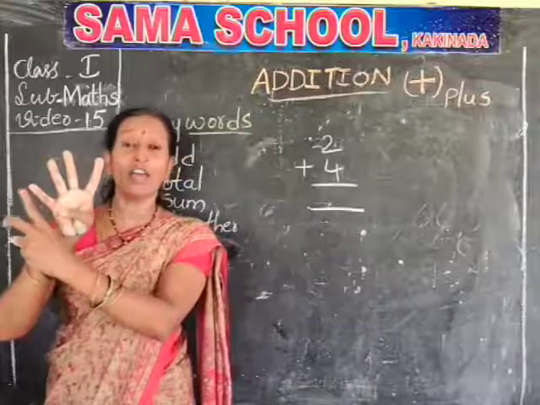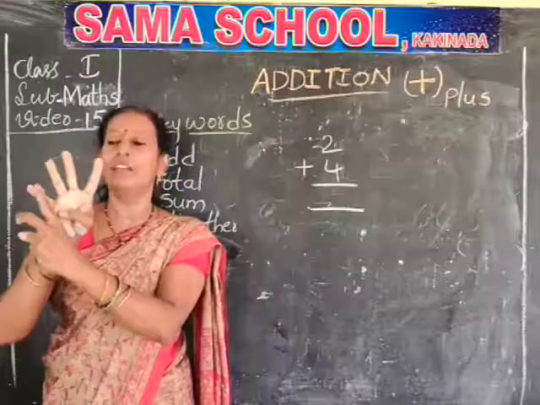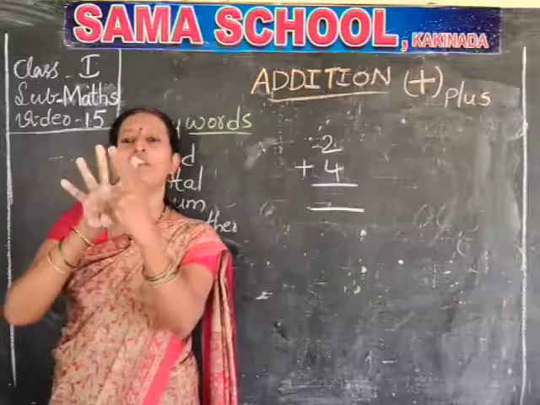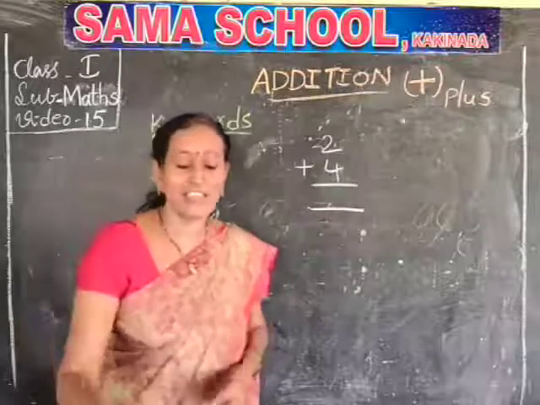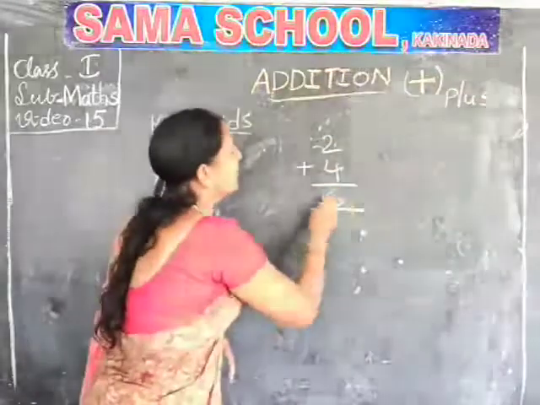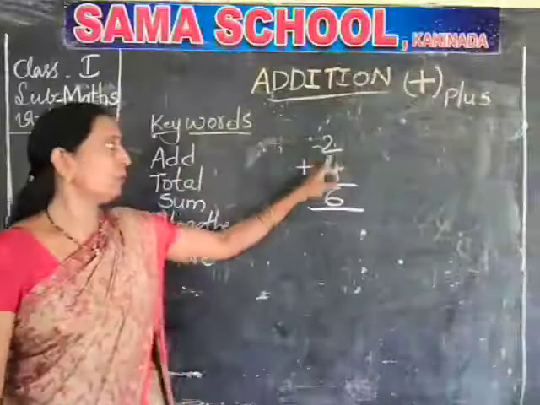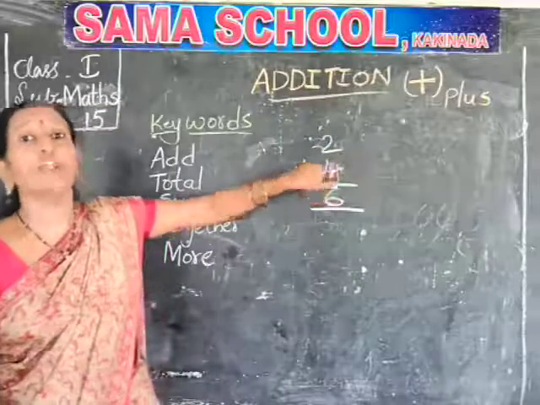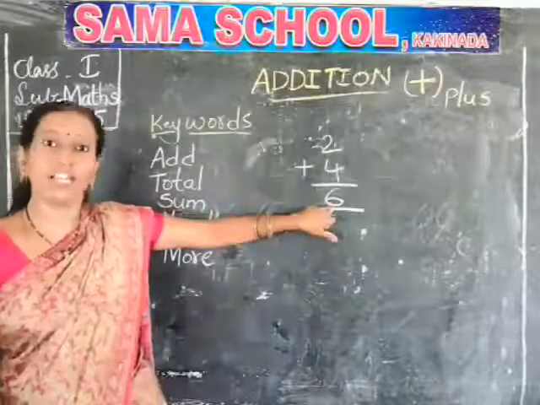And how many are you adding? 4 more. So 1, 2, 3, 4, 5, 6. So what is the sum? 2 plus 4, 6. To this 2 you are adding 4 more to get the sum or total.